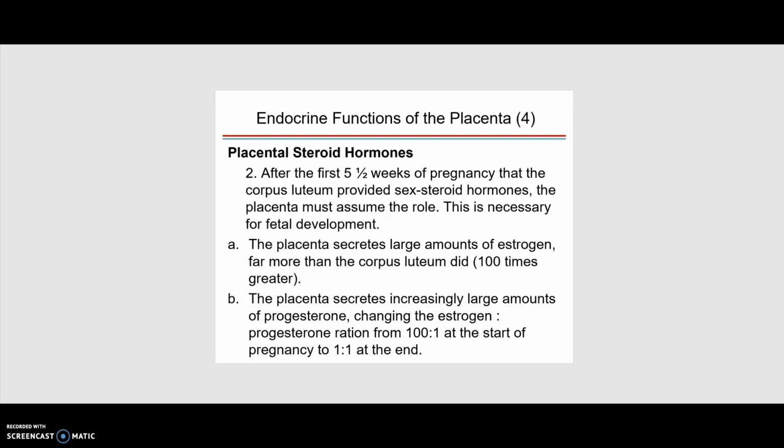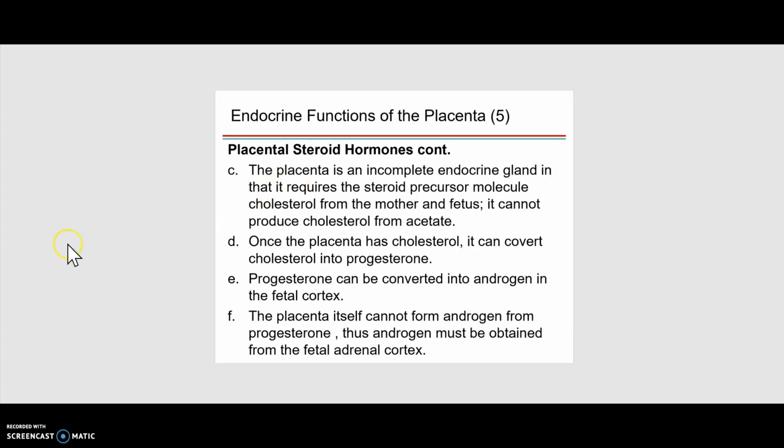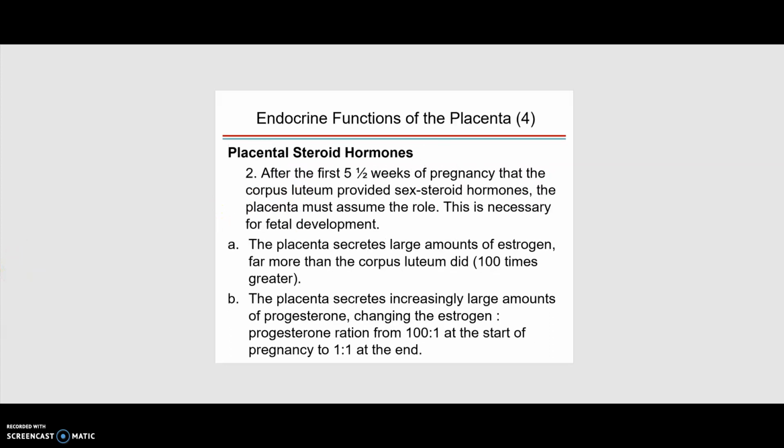Now we go into the steroid hormones. The steroid hormones would be the estrogen, progesterone. These are all necessary, the sex steroid hormones produced by the placenta once it is formed.